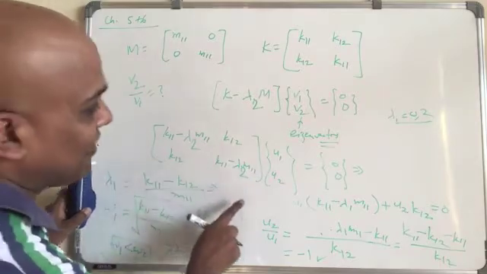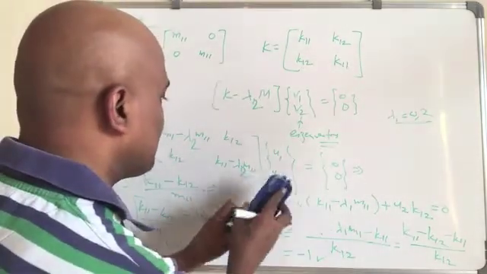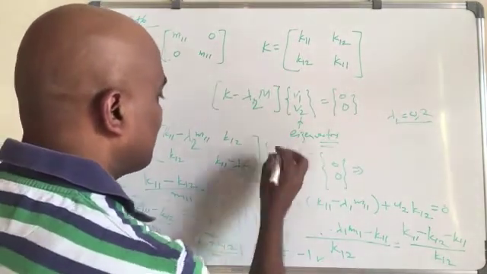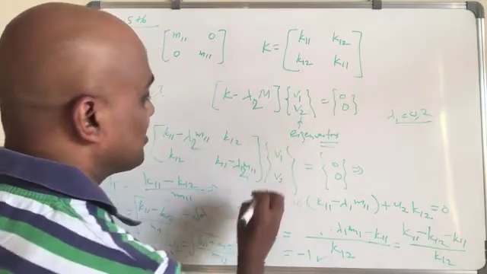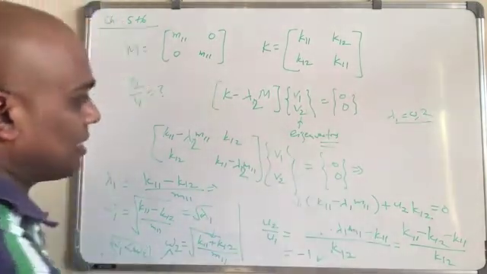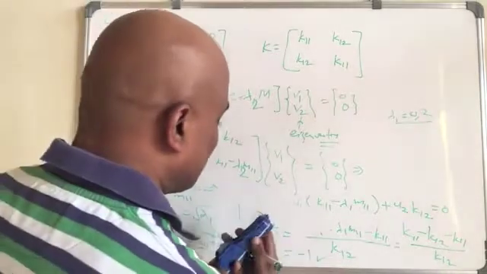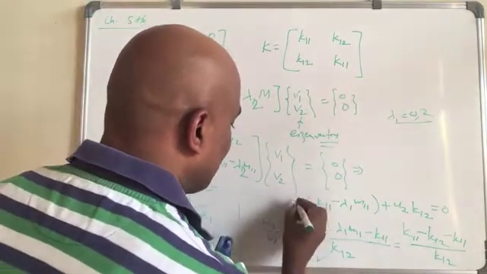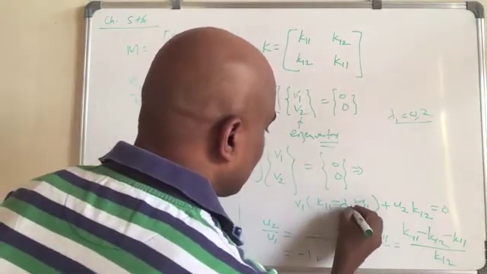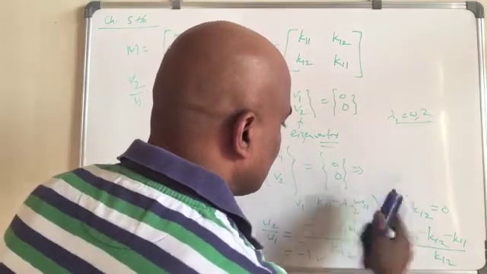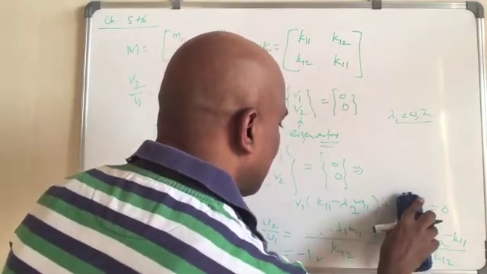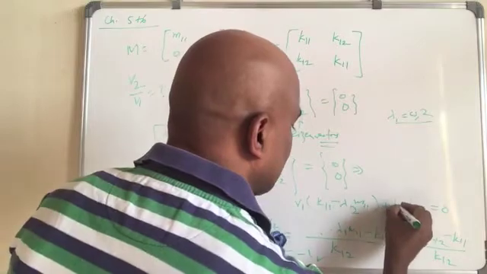This is exactly the same as how we solved earlier. Instead of U1, you have V1, V2 now, equal to 0. And exactly similar expression you get: V1 here, lambda 2 here, V2 here. All other things remain the same, right?